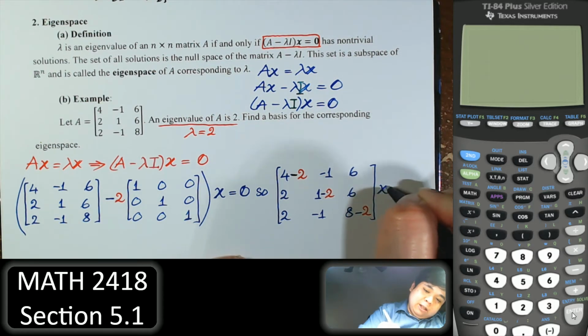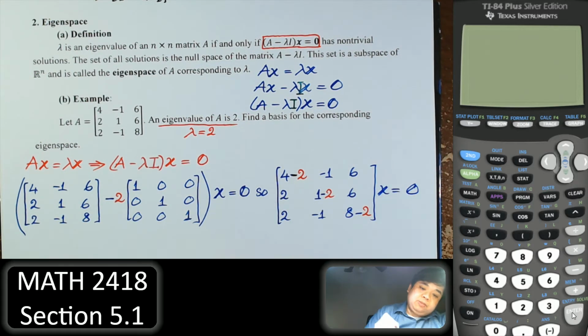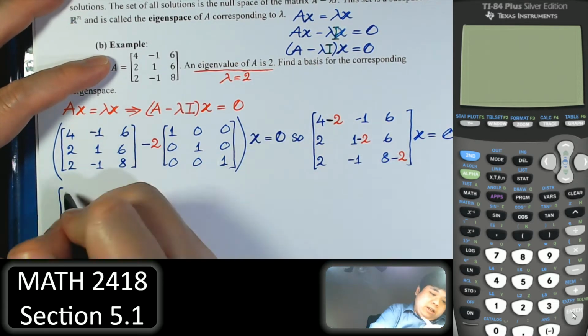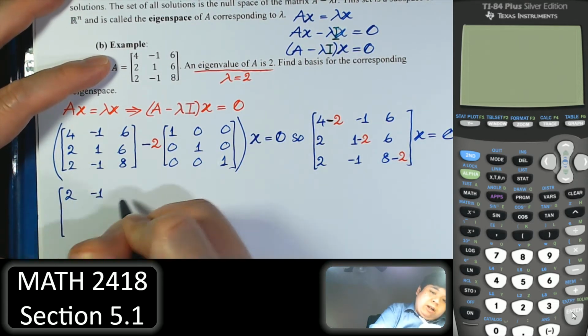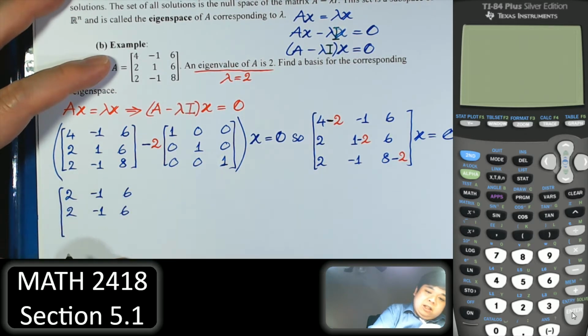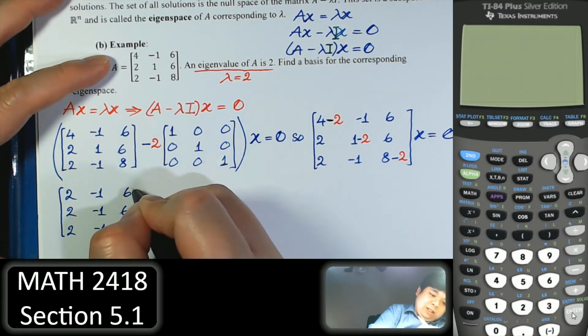Multiplied by x equal to the 0 vector. So we have the matrix 2, -1, 6, 2, -1, 6, and 2, -1, 6.